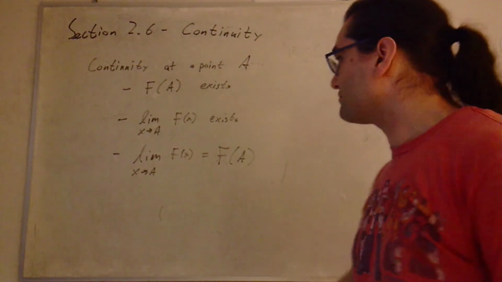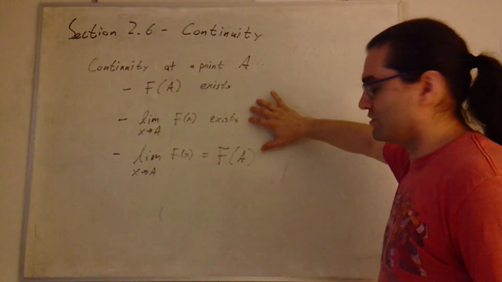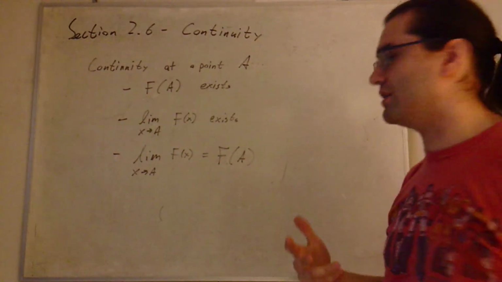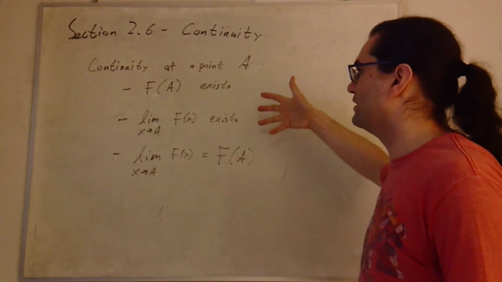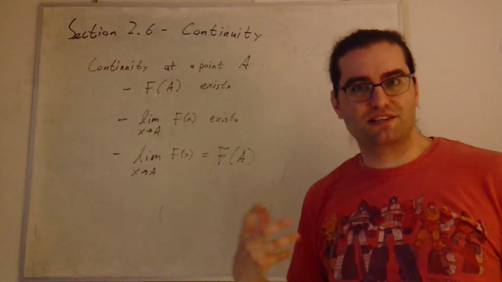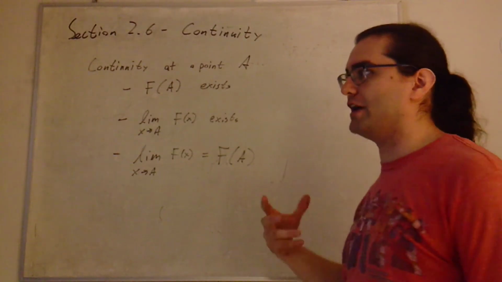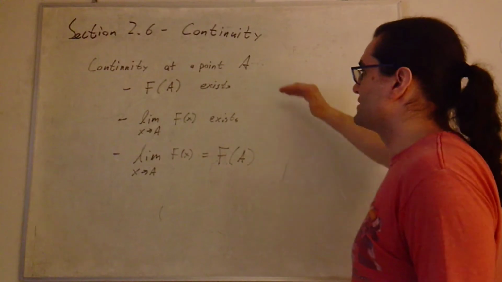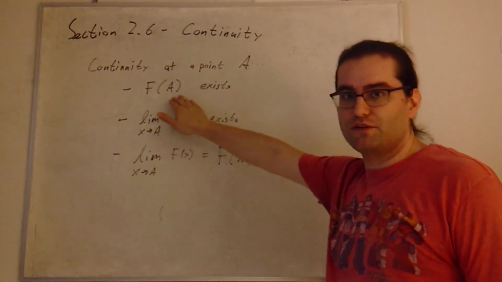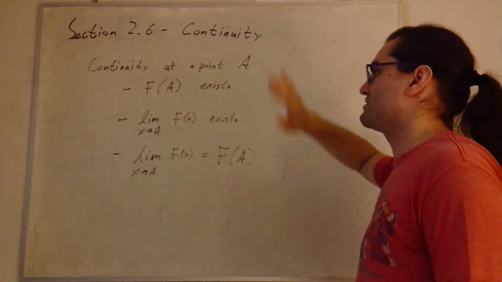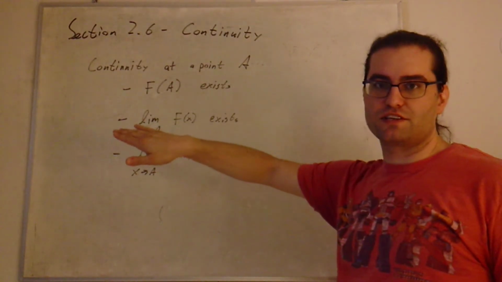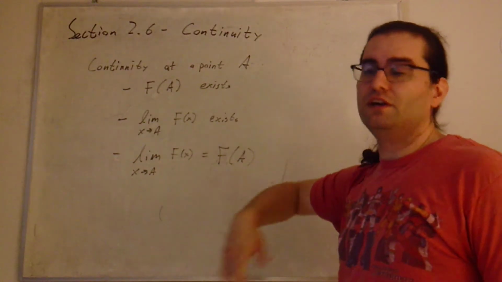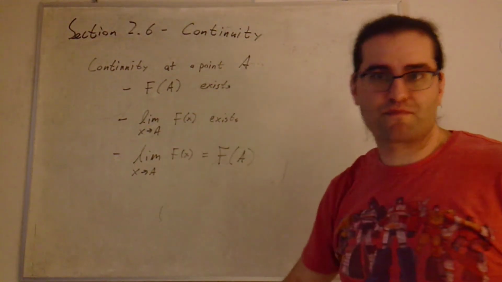So this is the official definition of continuity, and in a lot of the homework problems it'll ask you to evaluate why a function is discontinuous. Sometimes it's discontinuous because the function value doesn't exist, sometimes because the limit value doesn't exist, and sometimes because they both exist but they don't agree, or some combination of them.